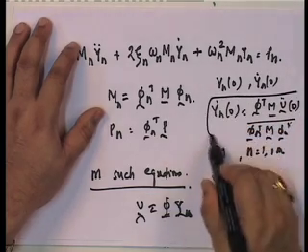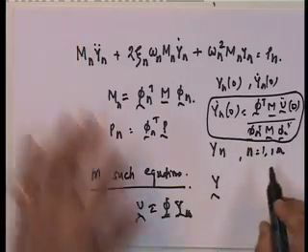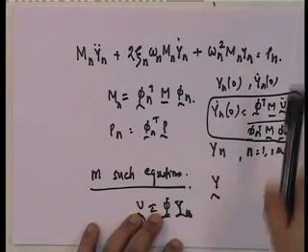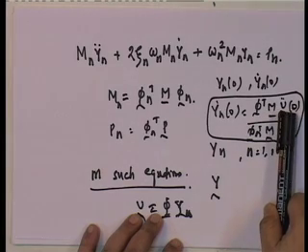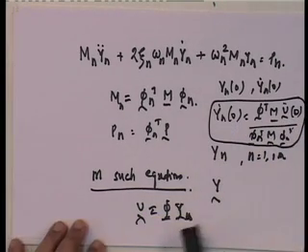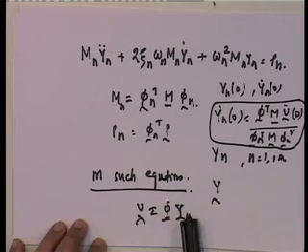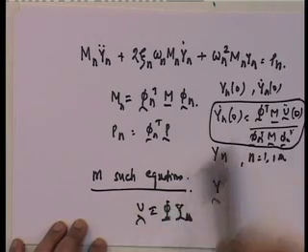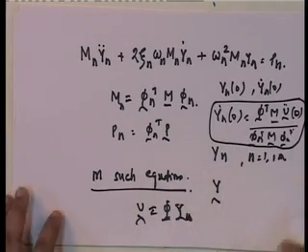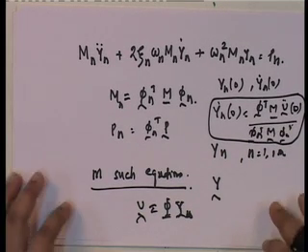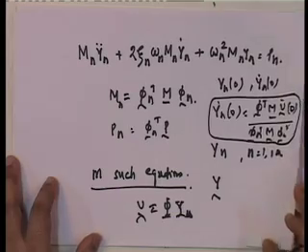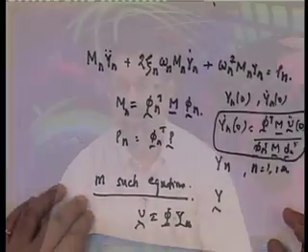So, this is how you go from the original space to the modal space, and this is how you go from the modal space to the original space. These are two opposite relationships, and all of these are based on the fundamental fact that all modes are orthogonal with respect to each other.